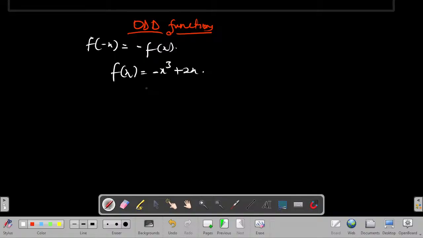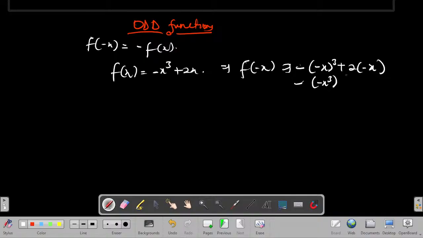How do we test that this is an odd function? Simply, you take f of negative x, and that will give us negative of the expression negative x cubed plus 2 multiplying negative x, right? Remember, negative x cubed will give us negative x cubed, plus this will give us negative 2x.